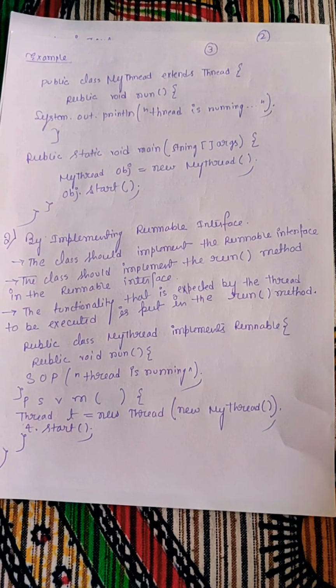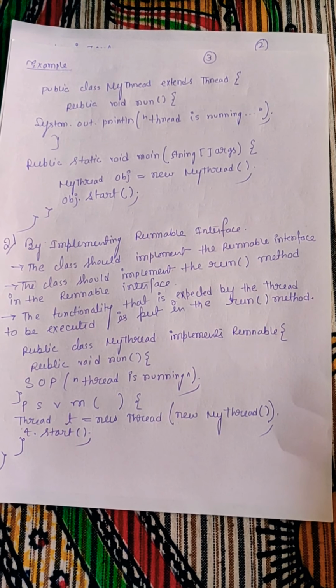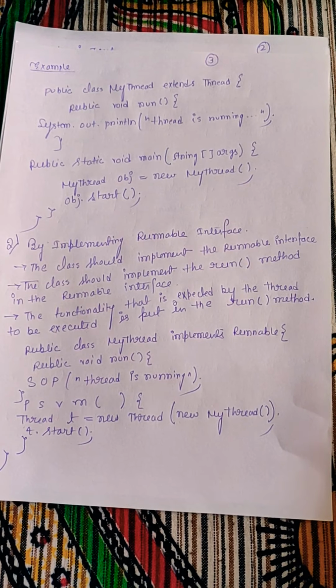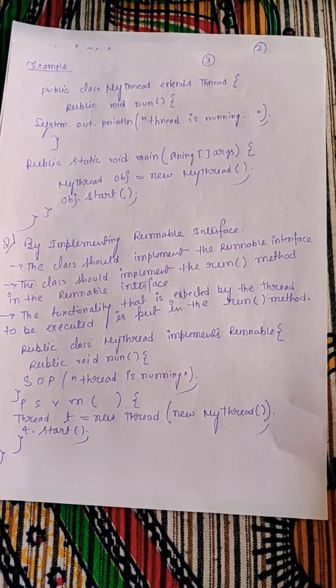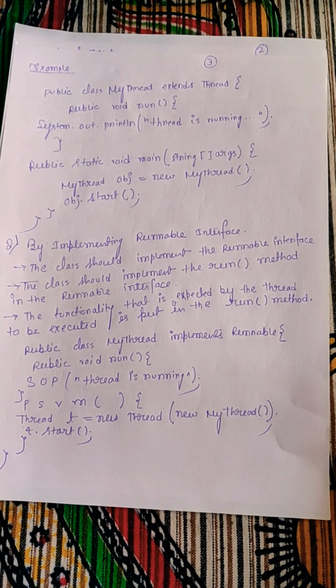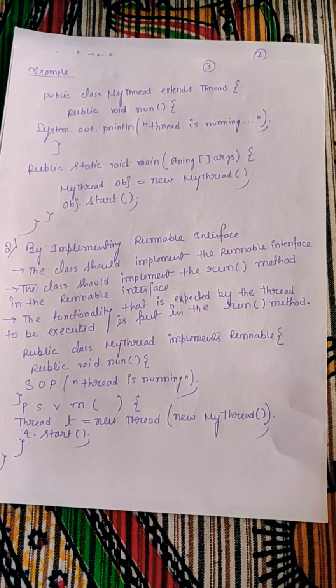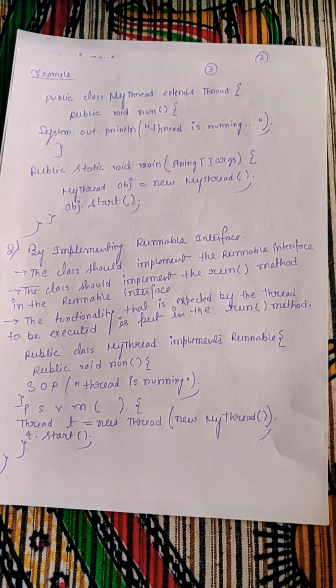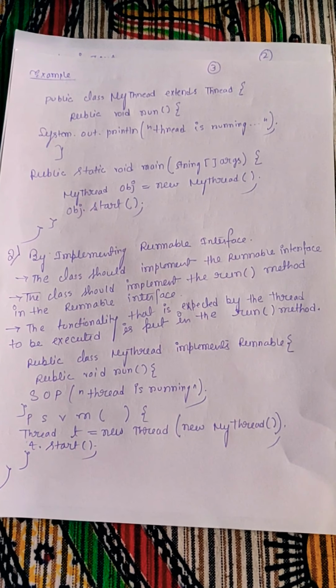See, public class MyThread implements Runnable. Take a look at the first point: the class should implement the Runnable interface. So the first point is matched. The class name is MyThread, which implements Runnable. Then the class should implement the run method, that is public void run, under which there is a printing statement.